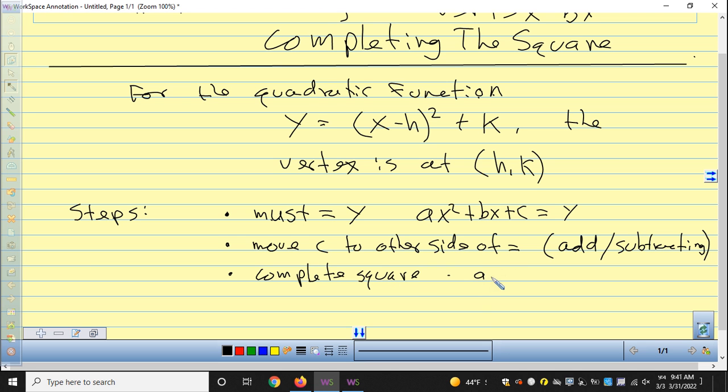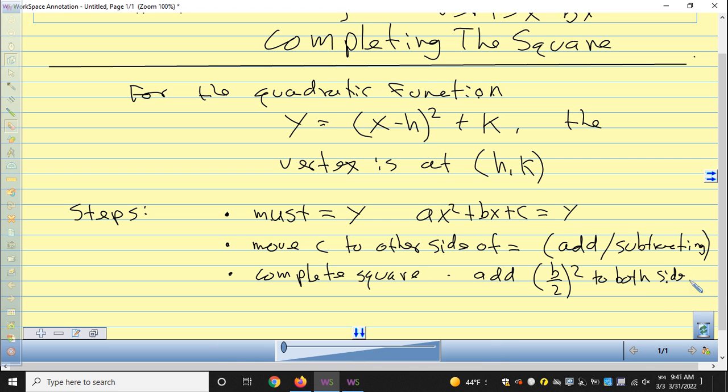And to complete the square, we add b divided by 2 squared to both sides. That's exactly what we did yesterday as well. That's the gist of completing the square, adding b over 2 squared. Then we factor the perfect square.